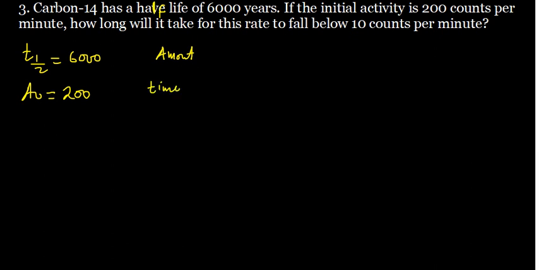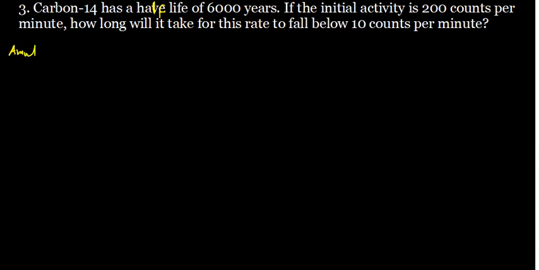Okay, so the first one we have is 6,000, isn't it? Now the space might be small, let me make it big. So I'm going to have amount, and then I'm going to have time. The half-life at the beginning, the time is 0, right?